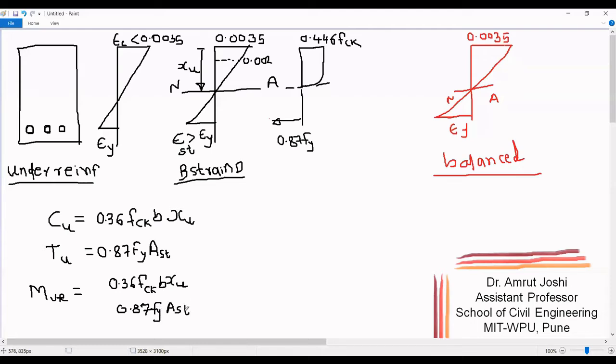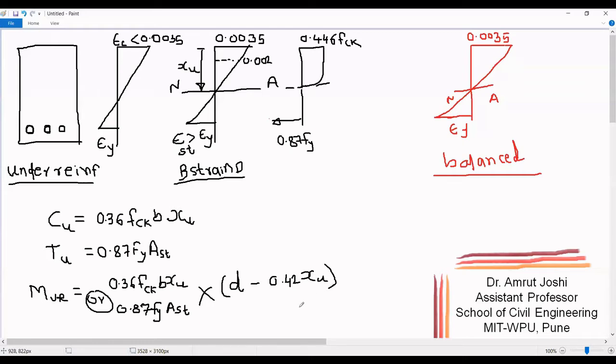So magnitude of either of the forces, we know at equilibrium Cu has to be equal to Tu. So magnitude of one of the forces multiplied by the lever arm. Lever arm is going to be d minus 0.42 XU. Mind you, it is not XUB.